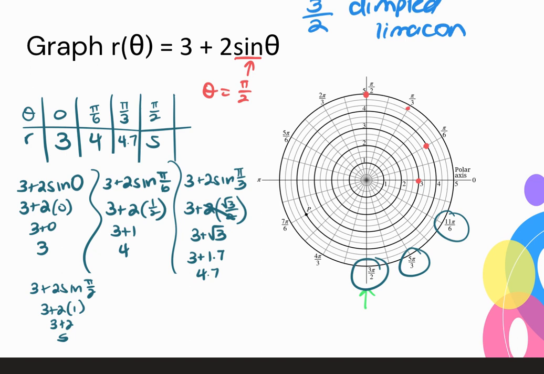Now, what did we say is going to happen on the other side? Same exact thing. So at 2 pi over 3, I go to 4.7. At 5 pi over 6, I go to 4. At pi, I go to 3.